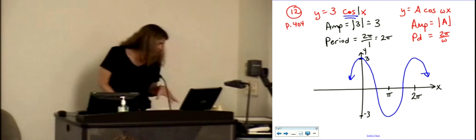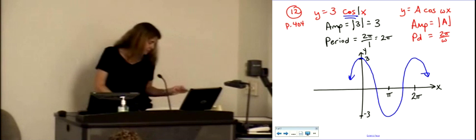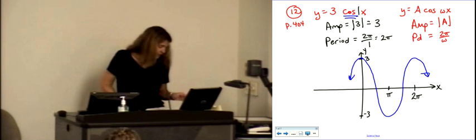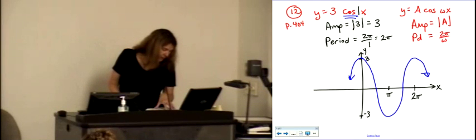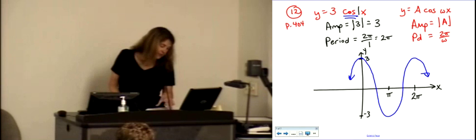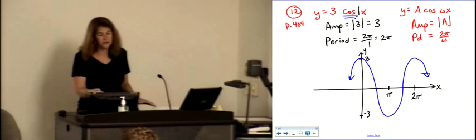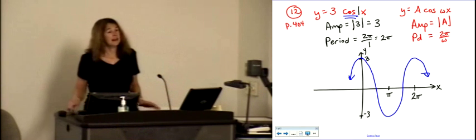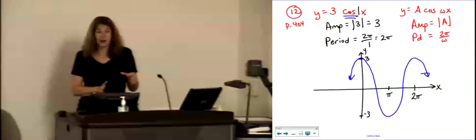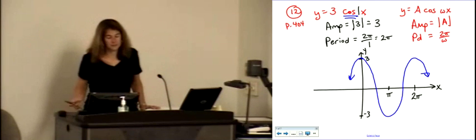This part said you didn't have to graph. Later on, they have you match up some graphs with some equations, and then they have you show at least 2 cycles. I didn't show 2 cycles here completely, but as long as you can get the general idea of what the graph's looking like, you would be okay there.